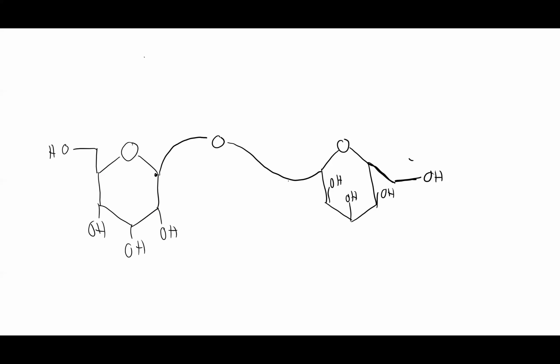Remember, that is important because when we utilize the oxygen, the OH group on an anomeric carbon for a bond, we have to say whether it is in an alpha or a beta position. So let's name where this bond is going between, what type of bond this is. And again, I'm going to number this to get a better idea of where everything is. And remember that this has been flipped. So our 1 position is here.